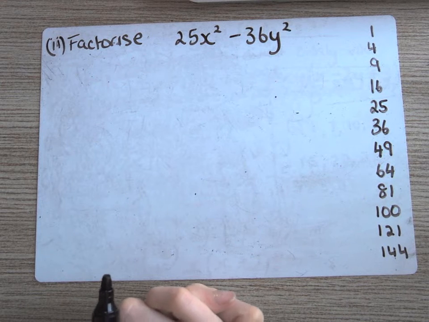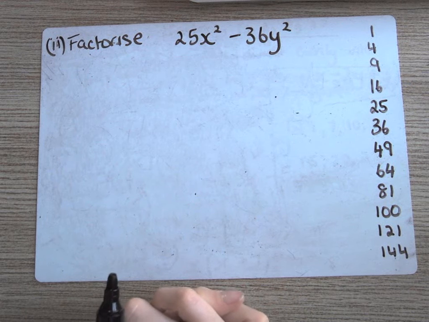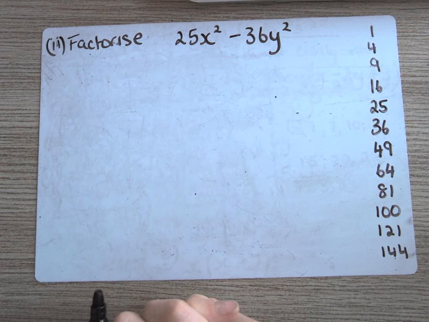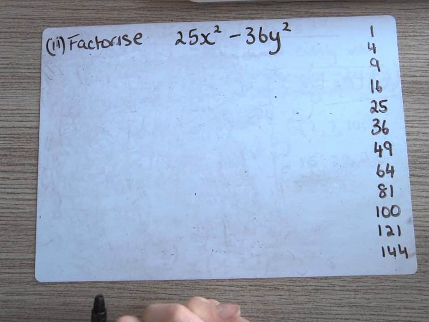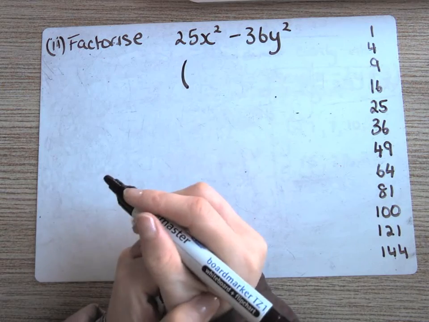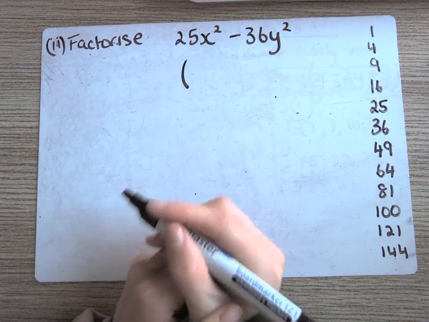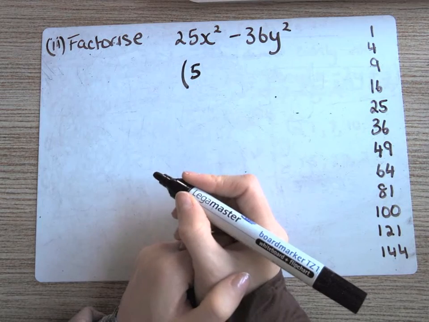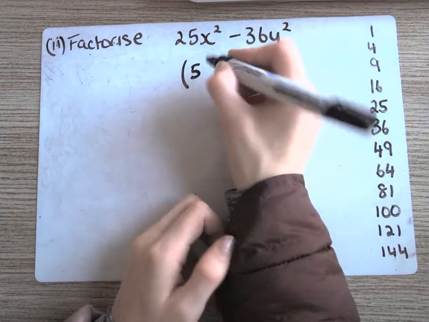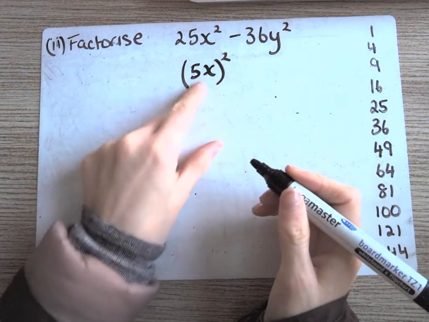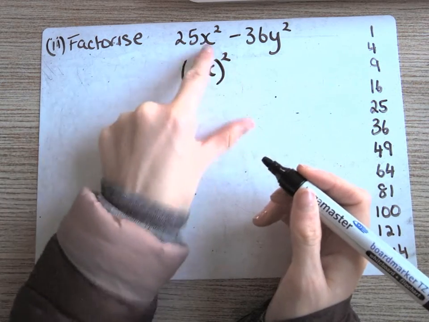25x squared minus 36y squared. So 25x squared is what to be squared? 5x to be squared. 5 squared is 25, x squared is x squared.